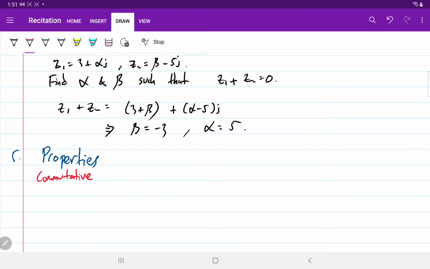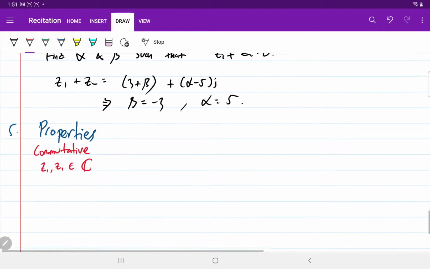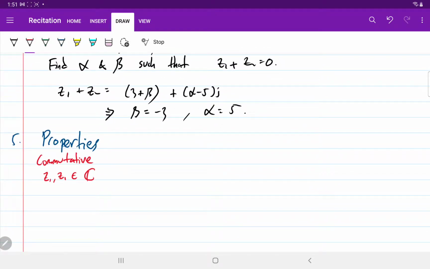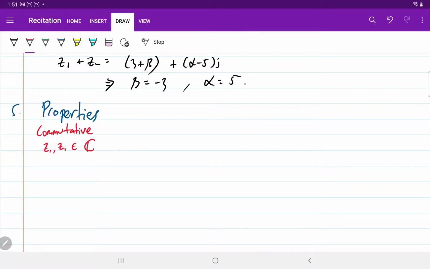Say z1 and z2 are two complex numbers, then the addition and the product commute. For example, z1 plus z2 is equivalent to z2 plus z1. Same with the product, z1 multiplied by z2 is equal to z2 multiplied by z1. So they commute with addition and multiplication.